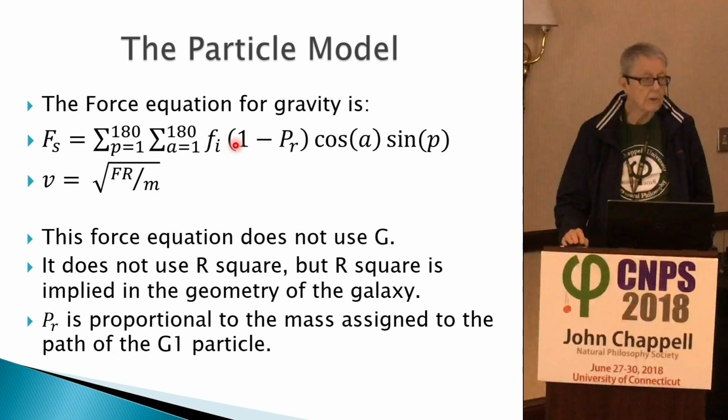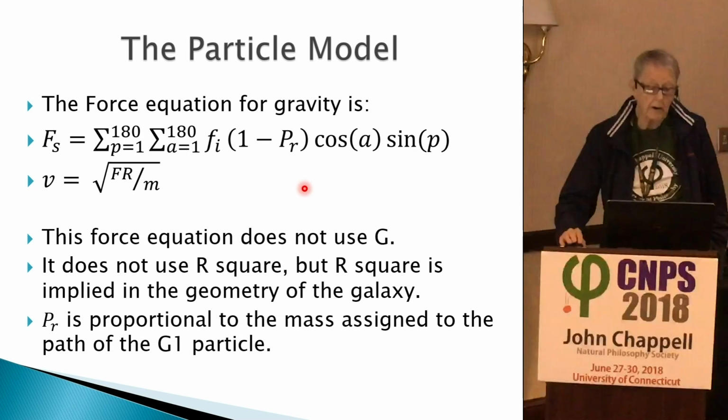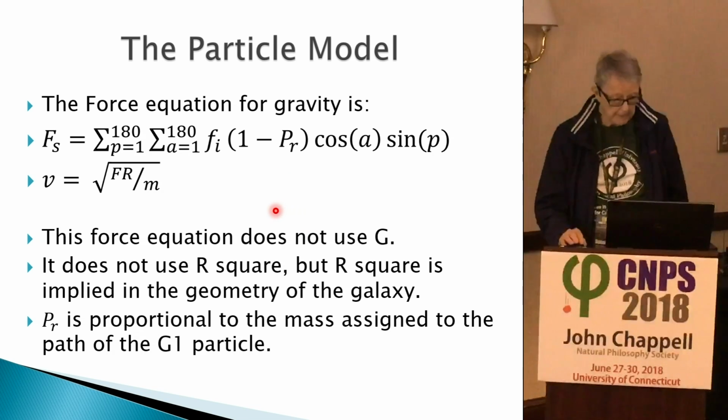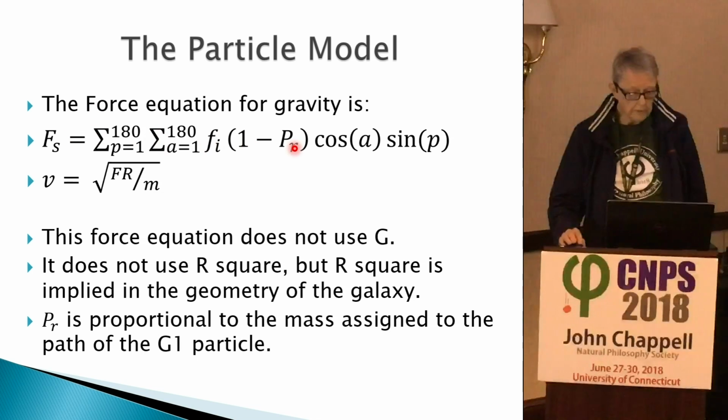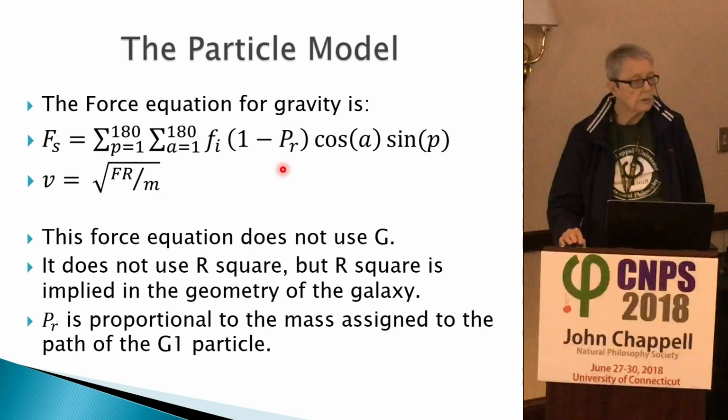I compared it to Newton's equation, and I got a fairly good match on the shape of the curve, not the values. I didn't get the values right, but I got the shape right. So this is an equation for gravity, but it uses the term here, percent reduction. That's the part of this equation that tells you it includes shielding.